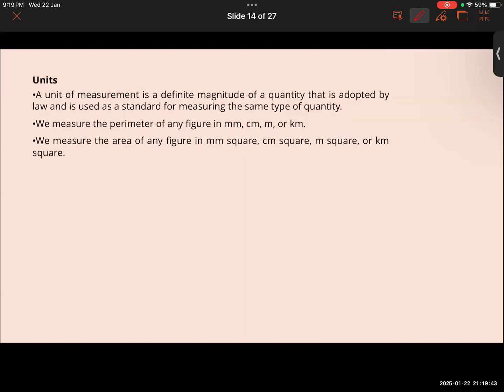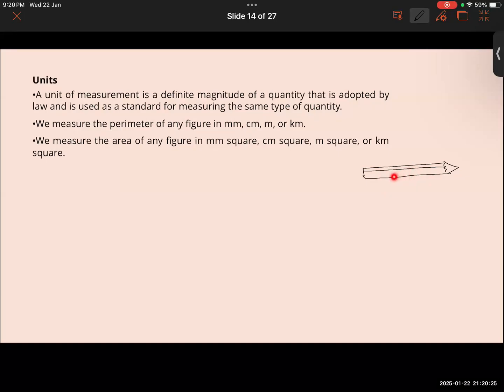So a unit of measurement is a definite magnitude of a quantity that is adopted by law and is used as a standard for measuring the same type of quantity. For example, if I have to measure the length of a pencil, there must be some standard method adopted everywhere, by law, with which we measure any given quantity.